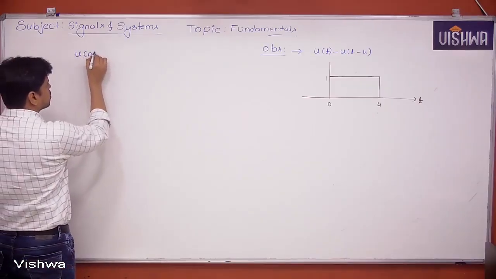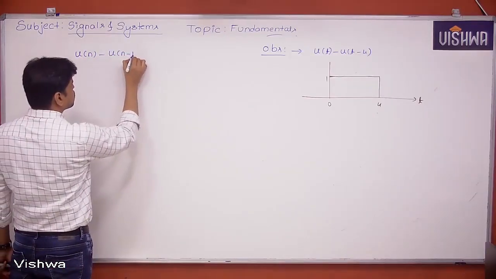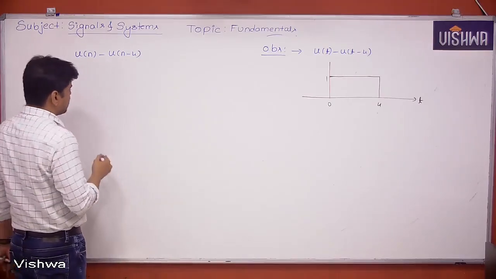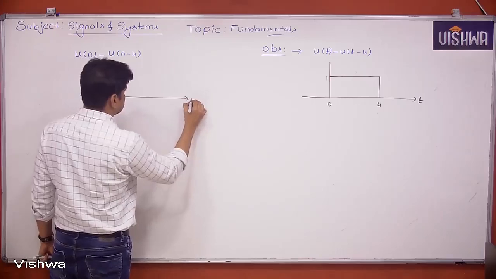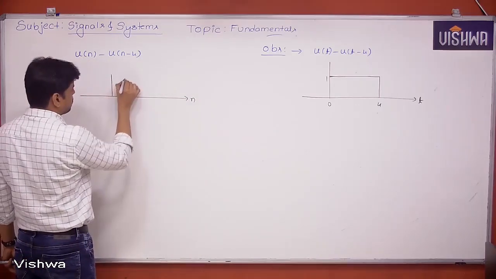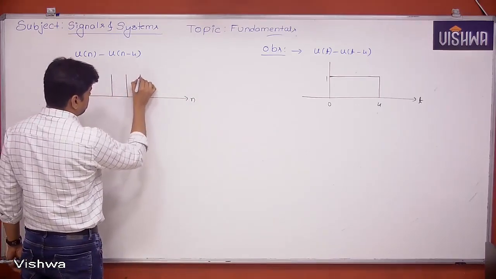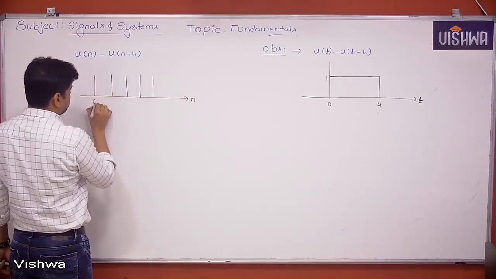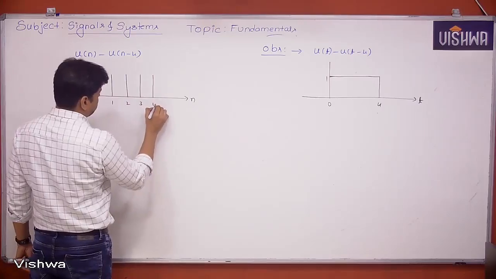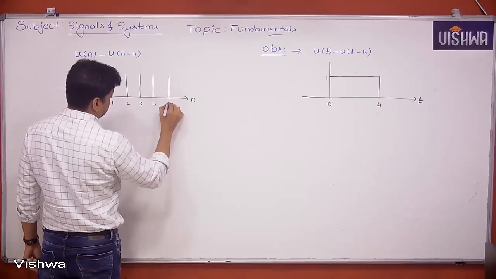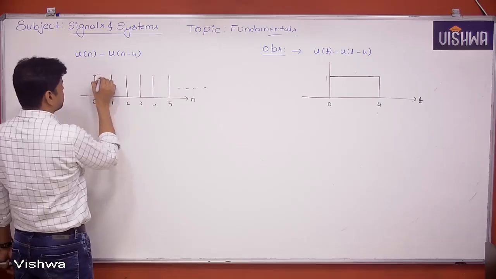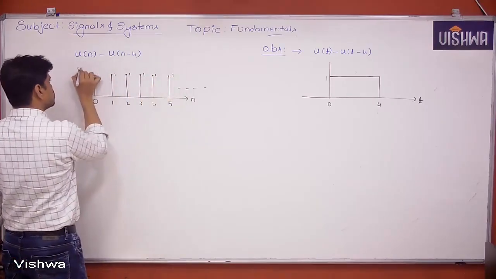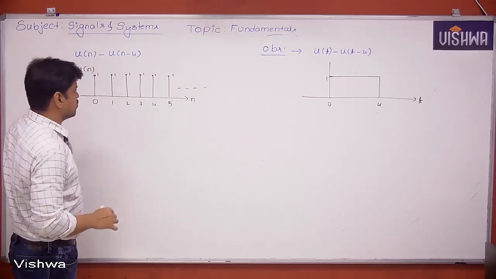u(n) minus u(n minus 4). If I try to draw this function, let's see how it is going to look. Let's do the graphical procedure first. u(n), how does it look? This is the u(n) sequence.